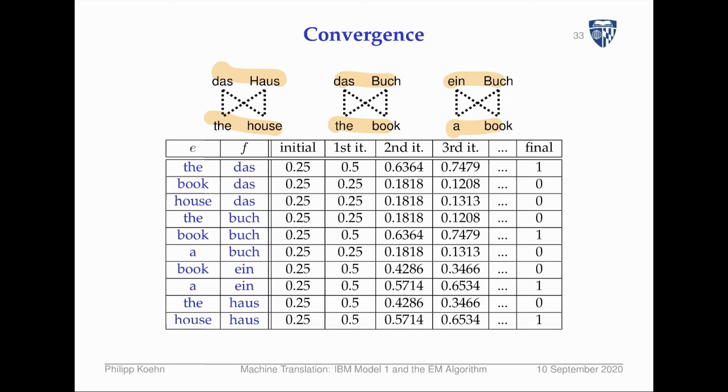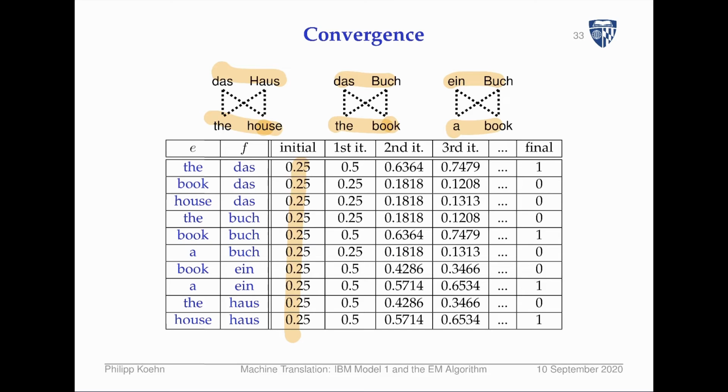So initially, we basically have four English words and four German words: house, book, the, and a, and ein, das, Buch, and Haus. So the initial probability distribution that we assign is 0.25. Each English word is equally likely explained by each individual foreign word.